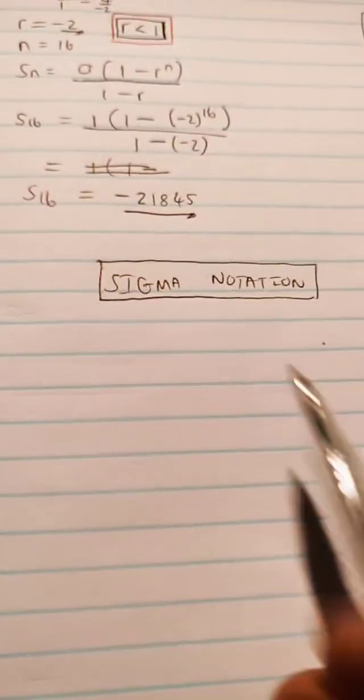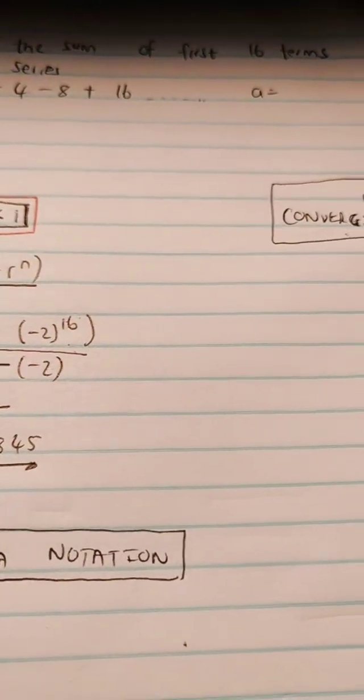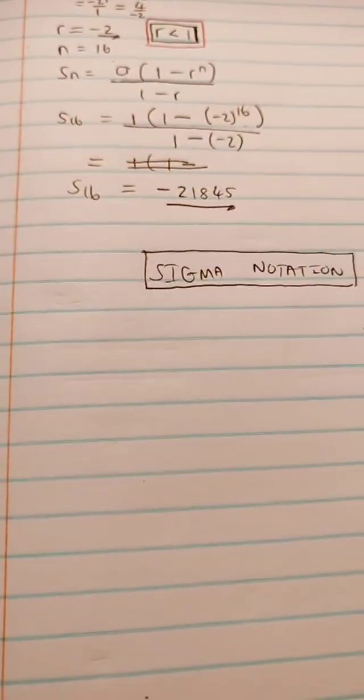Just allow me to take the route that I currently want to take, and then I will get to converging. Do you want me to get straight to converging? Okay, let's just first look at sigma notation. We'll come back to converging geometric series and I'll explain what that means. Thank you for bringing that up, Mr. Khulekani Ndlovu.